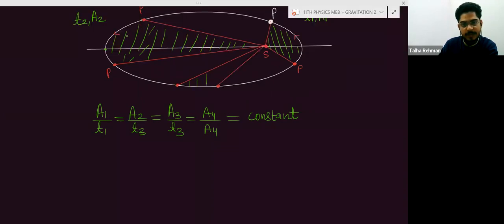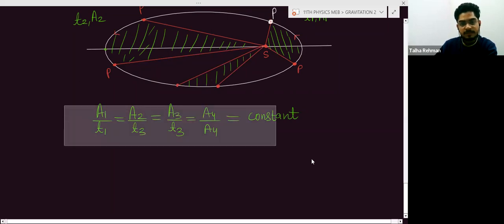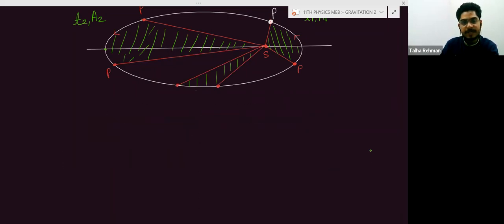So this is another area, and this other area is covered in time t3, and this area is a3.